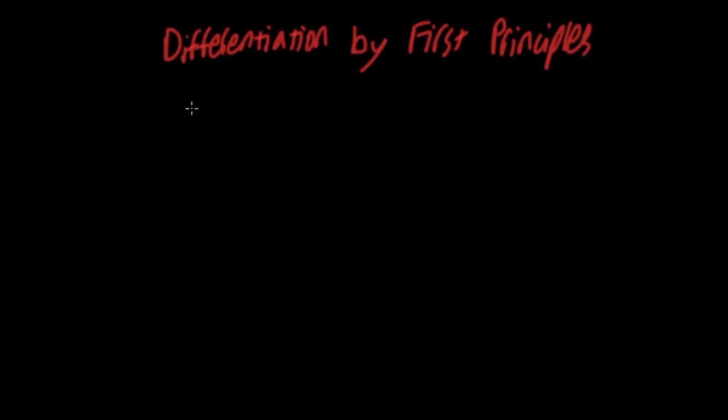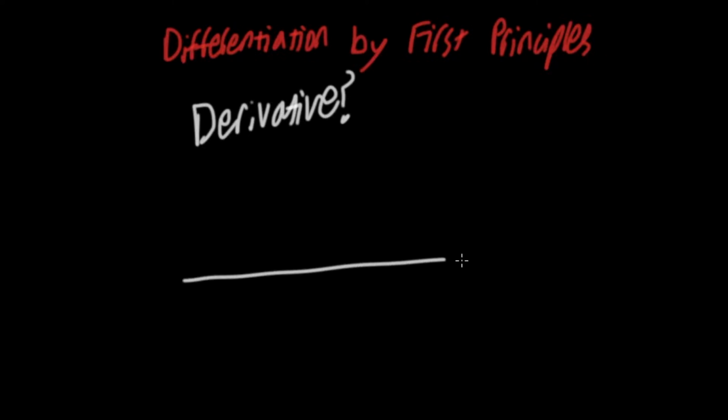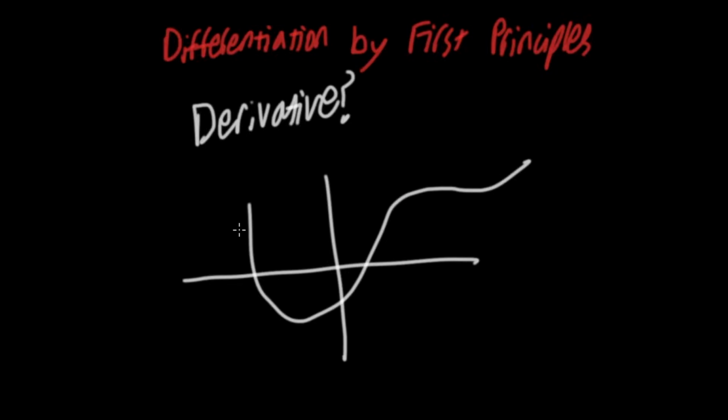So let's start off nice and simple. What actually is the derivative? Well, if you have a graph, say we have this graph here, it can be any graph, let's just use this one here. The derivative gives you the slope of the line at a particular point. That is very hard to do when you don't have a linear equation, because you can't just use 2 points.